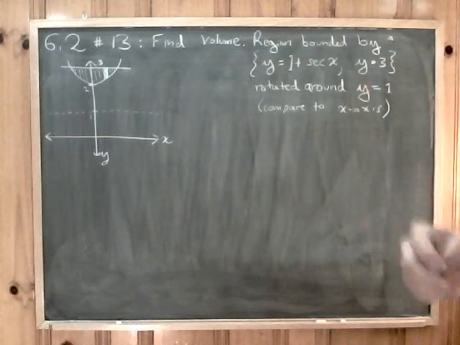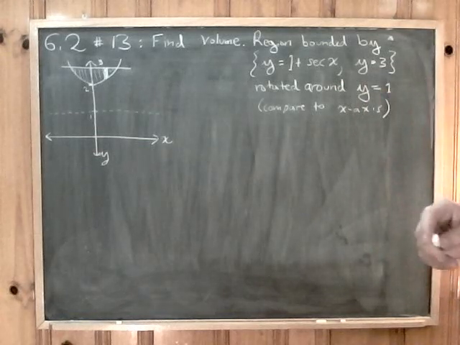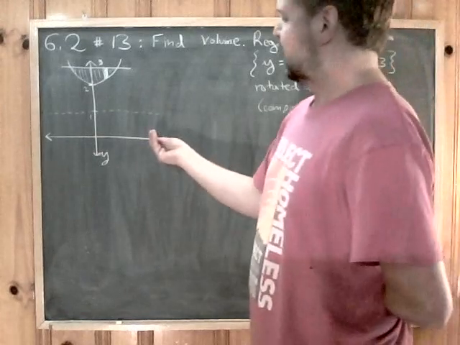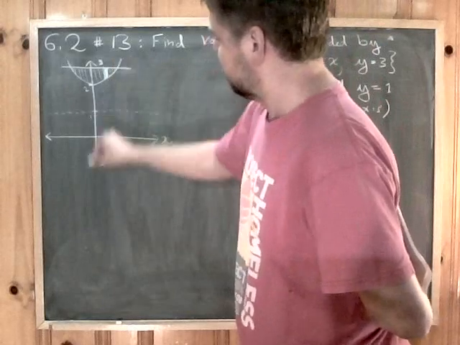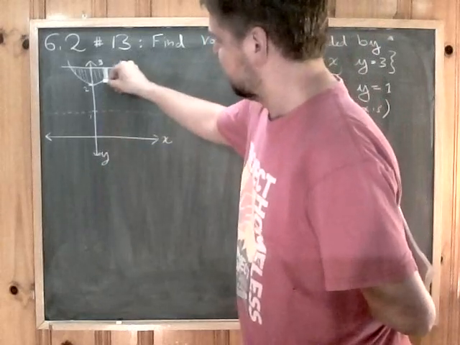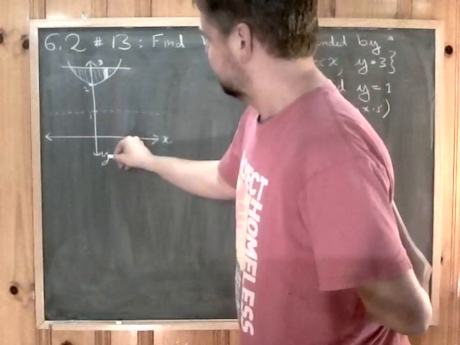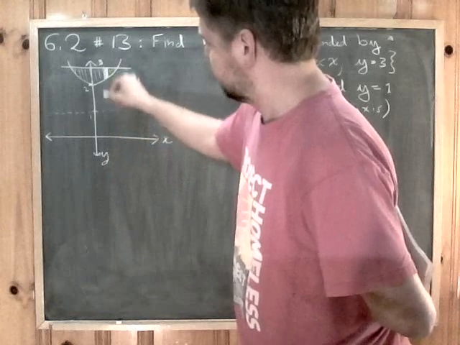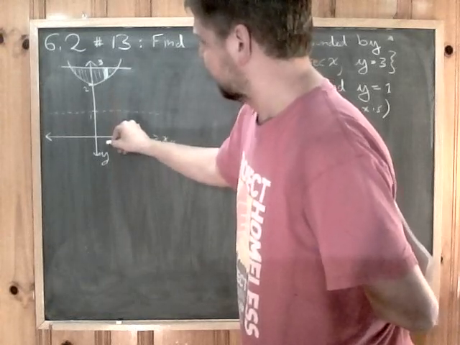So I'll cut it up as type 1, and then it's rotated around that y equals 1, so not quite the same as rotating around the x-axis. Instead, like this point, instead of rotating all the way around the x-axis, it'll just rotate around y equals 1, that dotted line, so it'll end up just down the same distance on either side, just down to here.